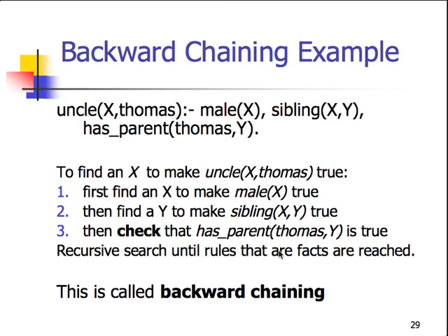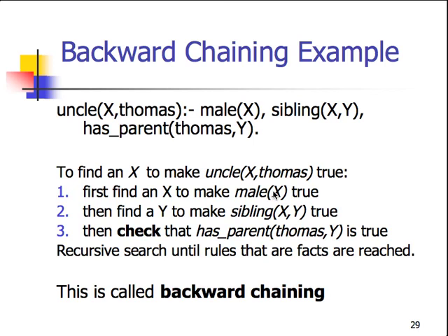So in the backward chaining example, uncle(X, Thomas) :- male(X), sibling(X, Y), has_parents(Thomas, Y). To find X to make uncle(X, Thomas) true, it would first have to find an X to make male true. So it finds the first fact that makes it male and makes it true.